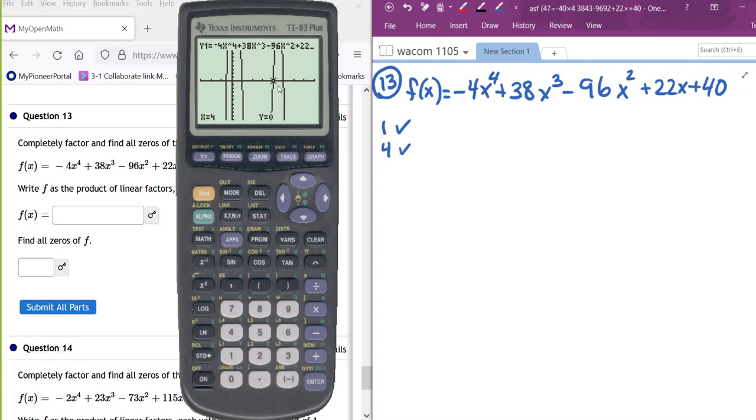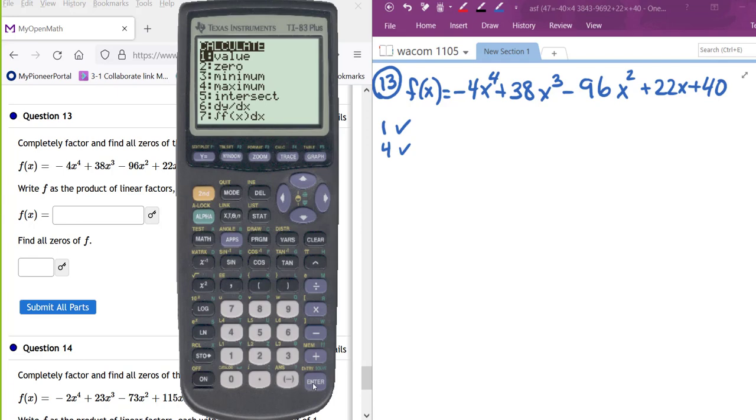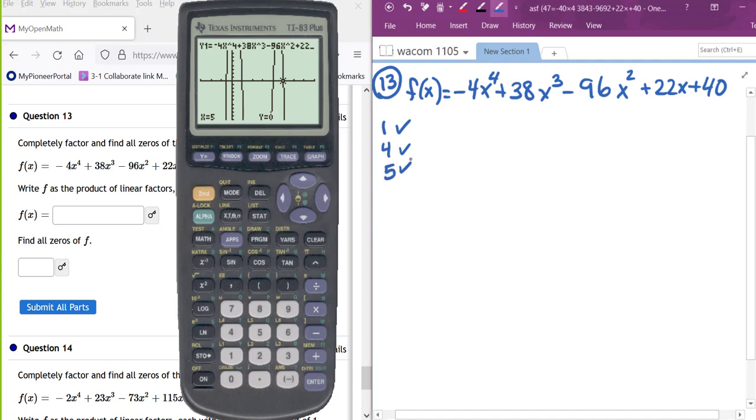Let's go ahead and check this next one. But it might not be. Okay, it is an intercept. So that is 3 of the zeros.